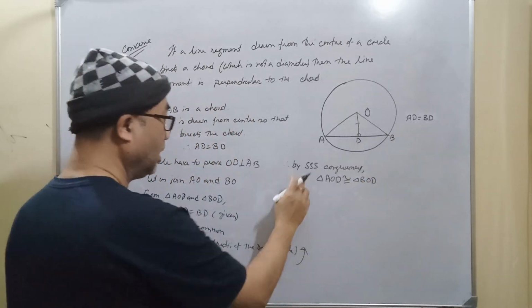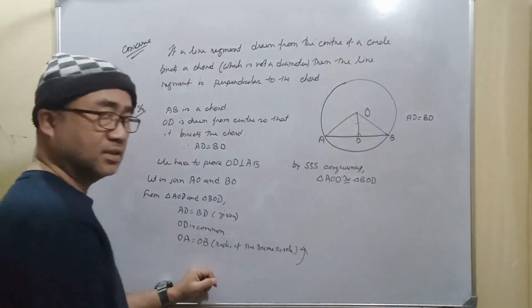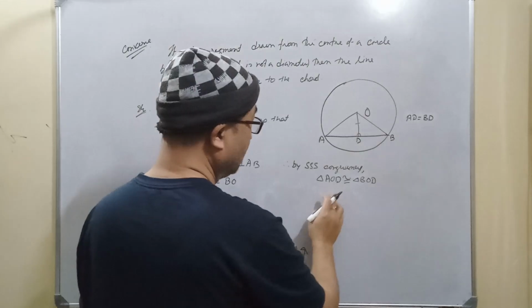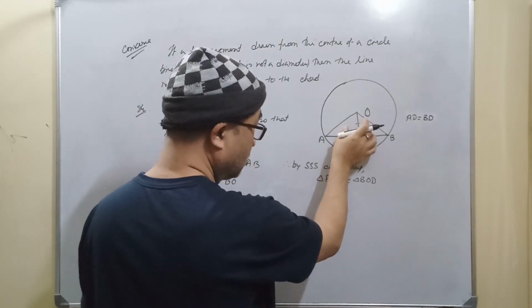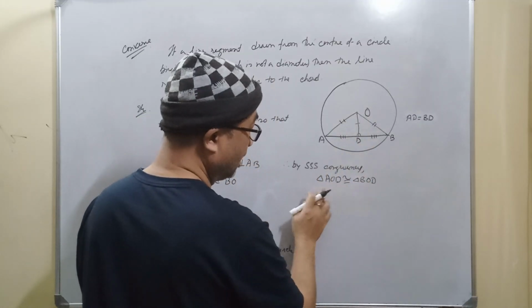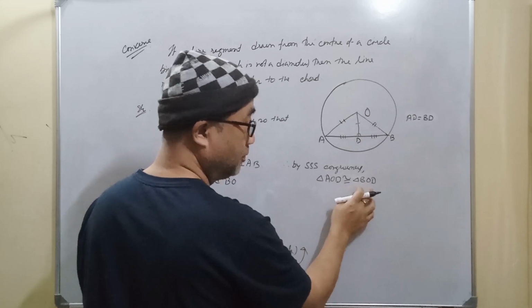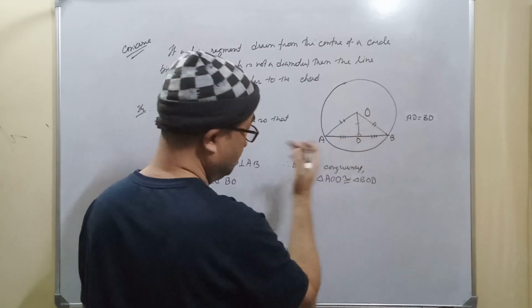Right? SSS, side congruency. So if they are equal, then the two triangles are congruent. So this we have proved that these two triangles are congruent. AOD is equal to BOD. This triangle is congruent to this triangle.